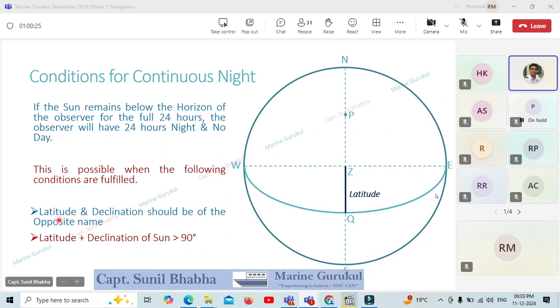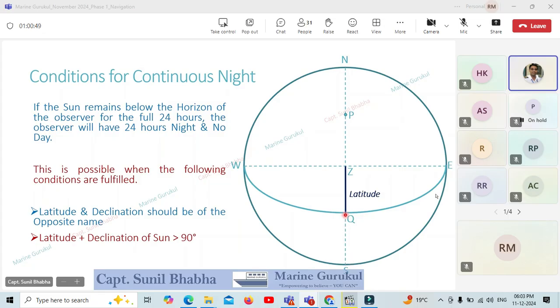Now our first condition says that the declination should be of opposite name to the latitude. So in this case, if the latitude is north, the declination should be south. South declination means that the sun would be below this point Q. So the sun would be southwards of point Q, which represents the equinoctial. The sun will be southwards of the equinoctial.